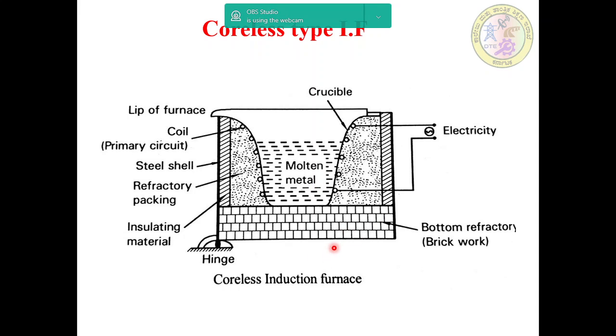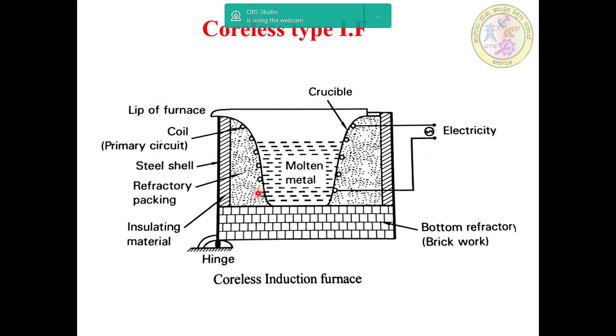That is about the construction features of this coreless induction furnace. Now, the working principle: the furnace works on the principle of a transformer, in which the copper coils act as the primary, and the charge, that is the scrap, acts as the secondary. The sintering consists of passing low current through the coil for several hours.